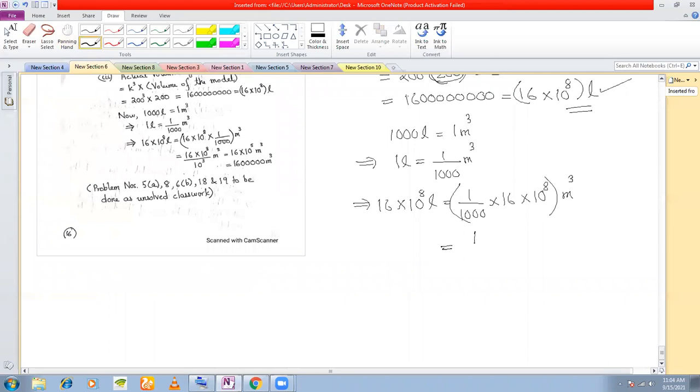You write this as 16 into 10 to the power of 8 divided by 10 cube meter cube, which is equal to 16 into 10 to the power of 8 minus 3, which is 10 to the power of 5 meter cube. And that's your answer.